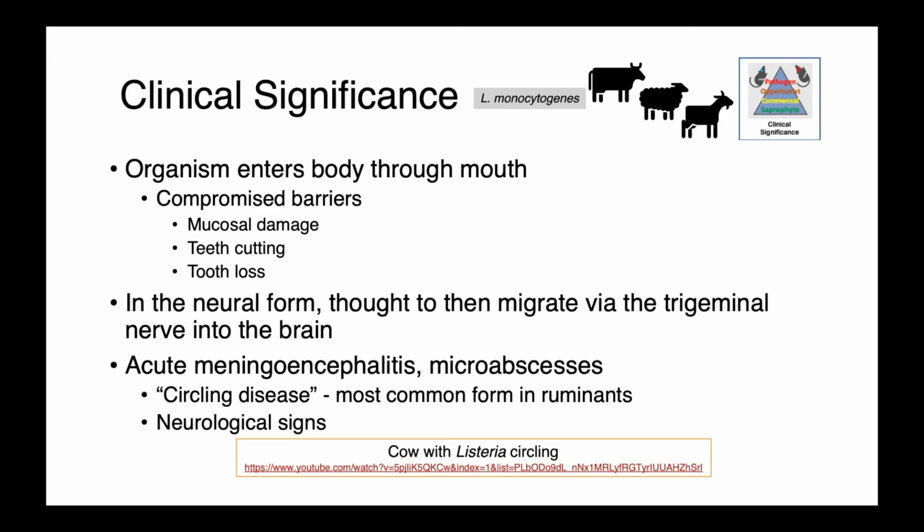So the trigeminal nerve being one of those cranial nerves that innervates the face. Once it's made its way into the brain, we get acute meningoencephalitis and micro-abscesses, and animals present with what's colloquially known as circling disease. This is actually the most common form in ruminants. I've put a link to a video above that shows a cow with Listeria monocytogenes circling.